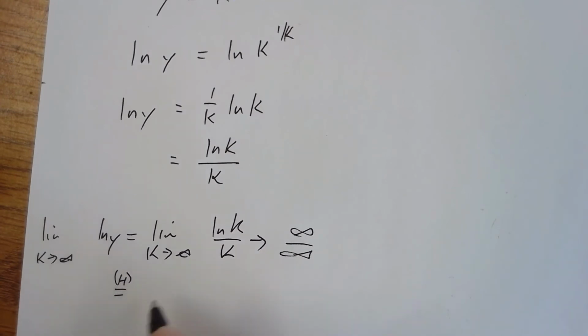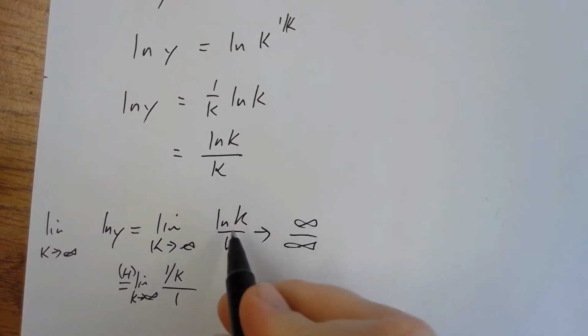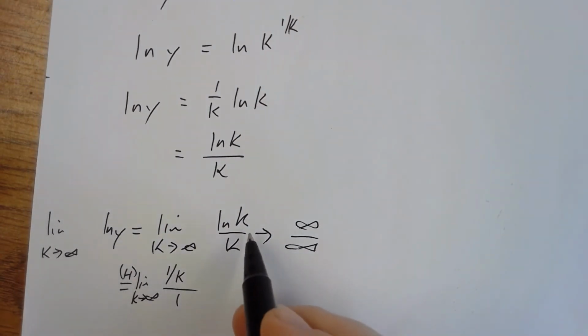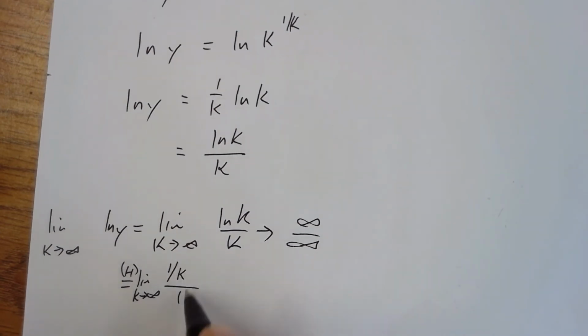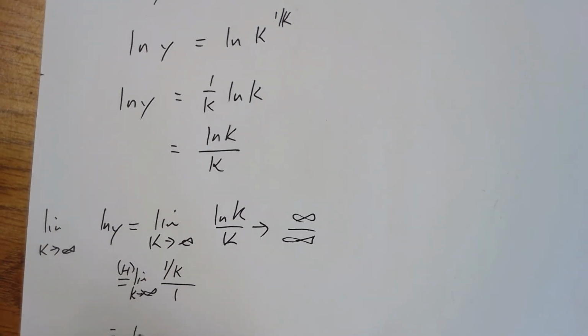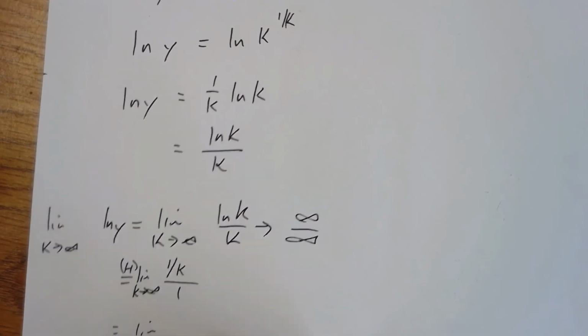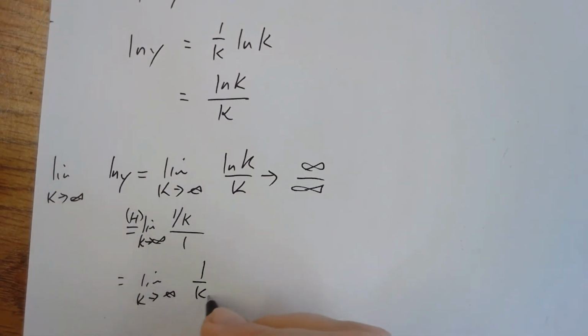The derivative of the natural log of k is 1 over k, and the derivative of k is simply 1. So this goes to the limit as k goes to infinity of 1 over k, which is 0.